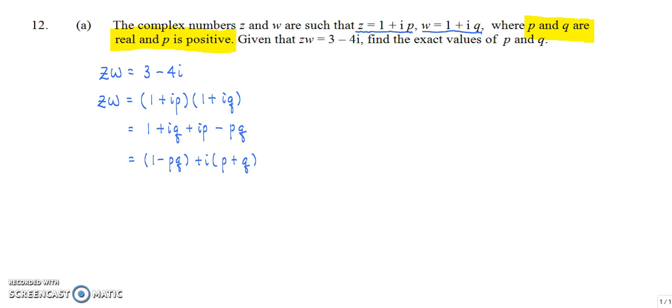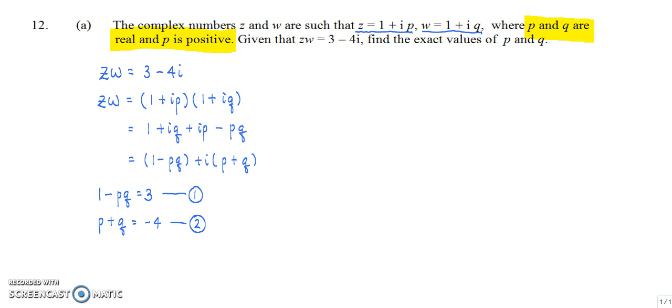We now compare the real and the imaginary parts, which leads us to 1 minus pq equals 3. That will be our first equation. And p plus q equals negative 4, and that is our second equation.